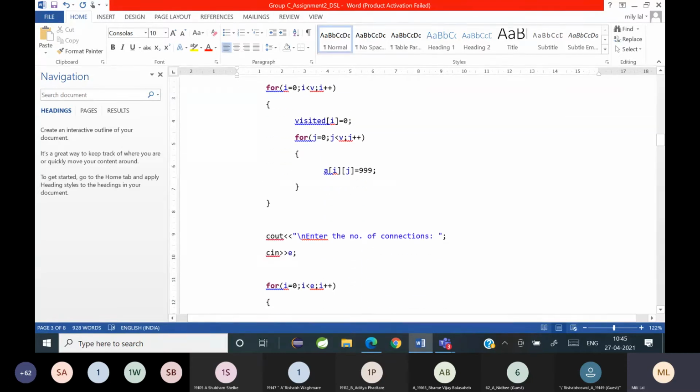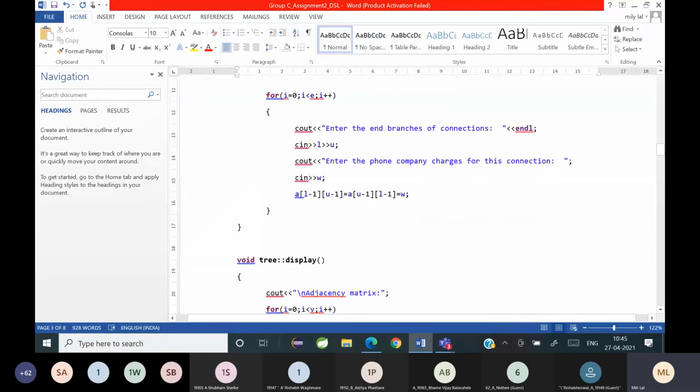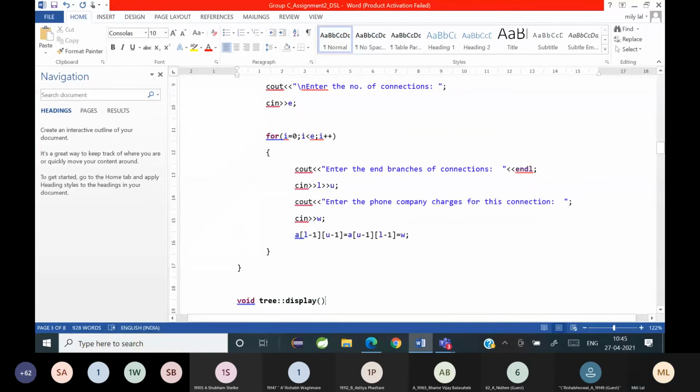Then we took the number of edges, and based on that we entered between which vertices each particular edge is and what its cost is, and accordingly we have set the weight bidirectionally. Is it clear to everybody? Did everyone understand the input function? Yes, ma'am. Okay.